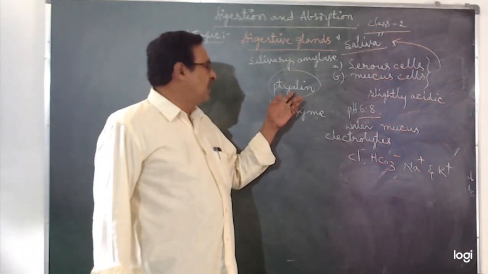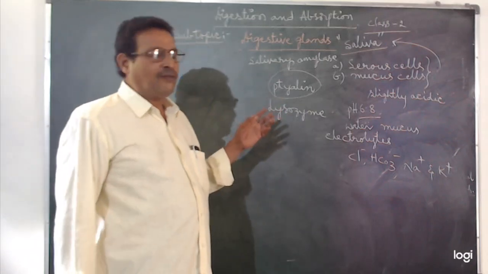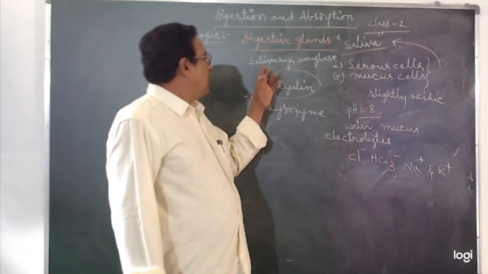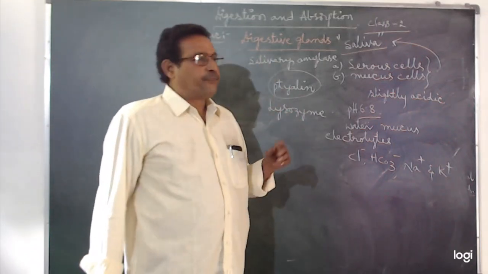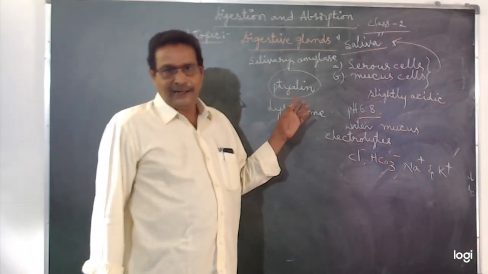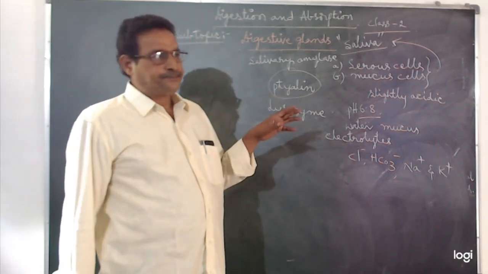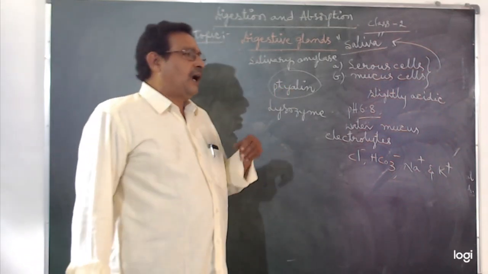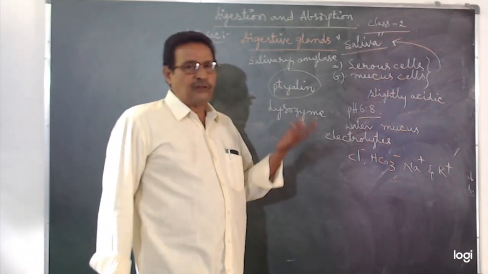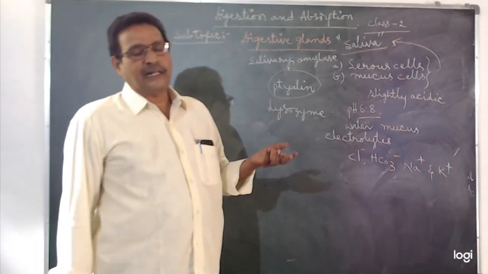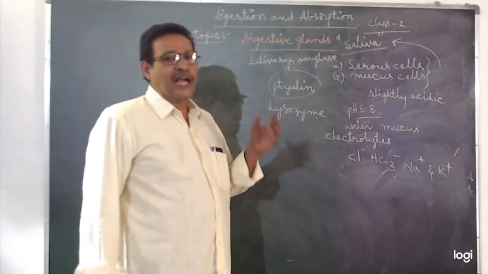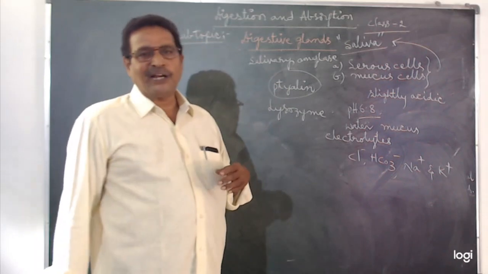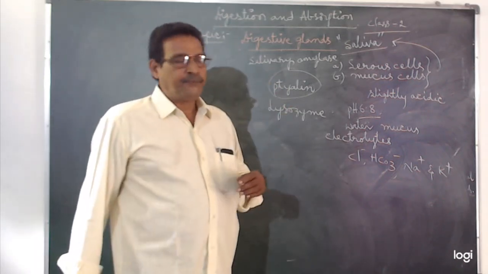This is the role of ptyalin. Those polysaccharides are converted to disaccharides such as maltose by the action of the salivary amylase ptyalin.